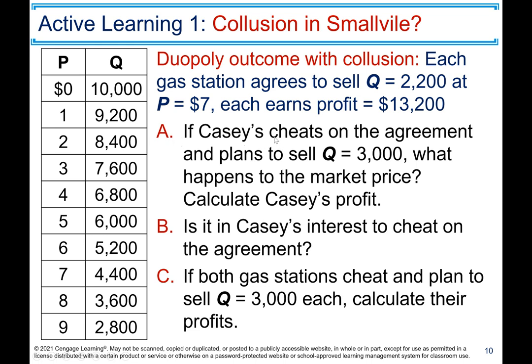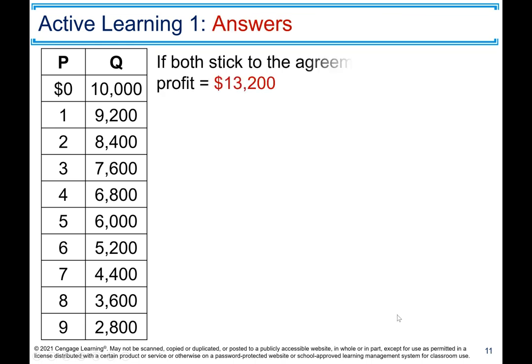A. If Casey's cheats on the agreement and plans to sell Q equals 3,000, what happens to the market price? Calculate Casey's profit. B. Is it in Casey's interest to cheat on the agreement? C. If both gas stations cheat and plan to sell output equals 3,000, each calculate their profits.